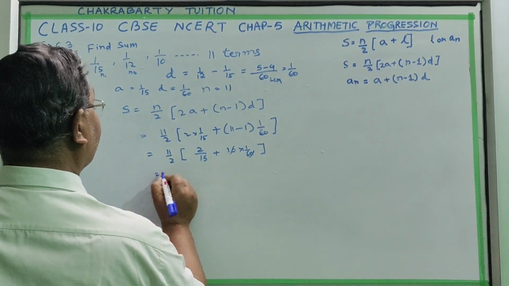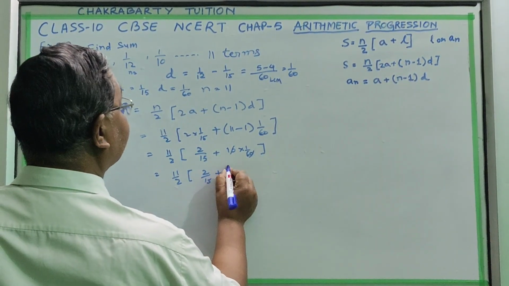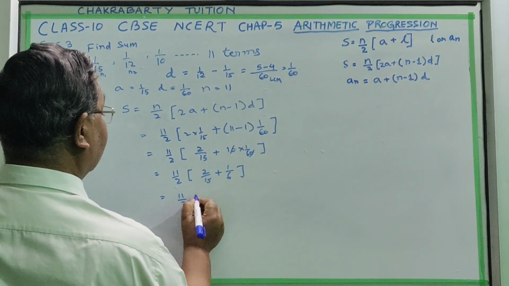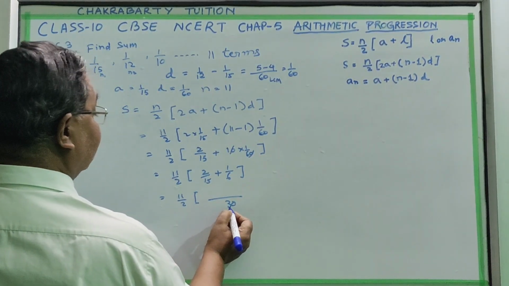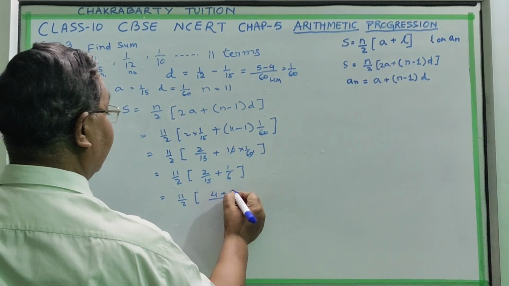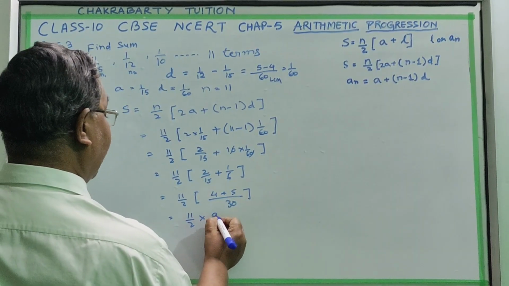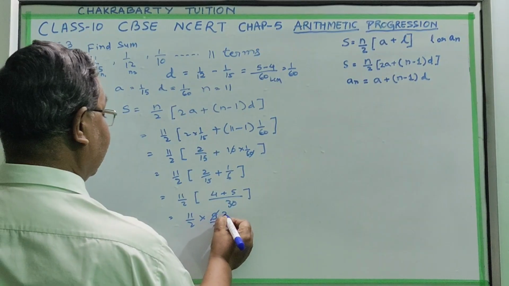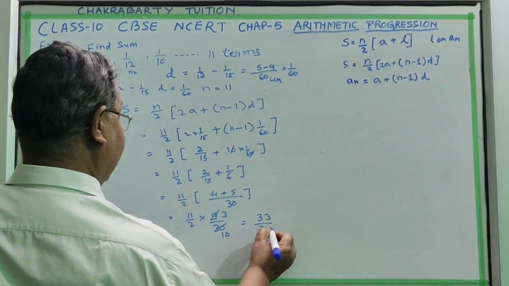Again we solve by LCM, which is 30: 15 twos are 30 and 2 twos are 4, plus 6 fives are 30 and 5 ones are 5. So 11 by 2 into 9 upon 30. Here we can cut it, 9 upon 30 is 3 upon 10, so it is 33 upon 20.